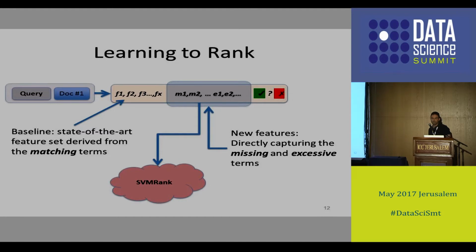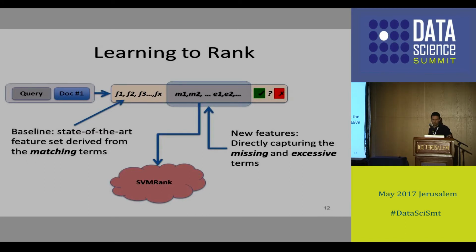In a bit more detail, what the ranking function and the learning to rank algorithm actually see is a feature representation that describes how well the query and document match each other. Our baseline was the state-of-the-art feature set that is derived only from the matching terms.